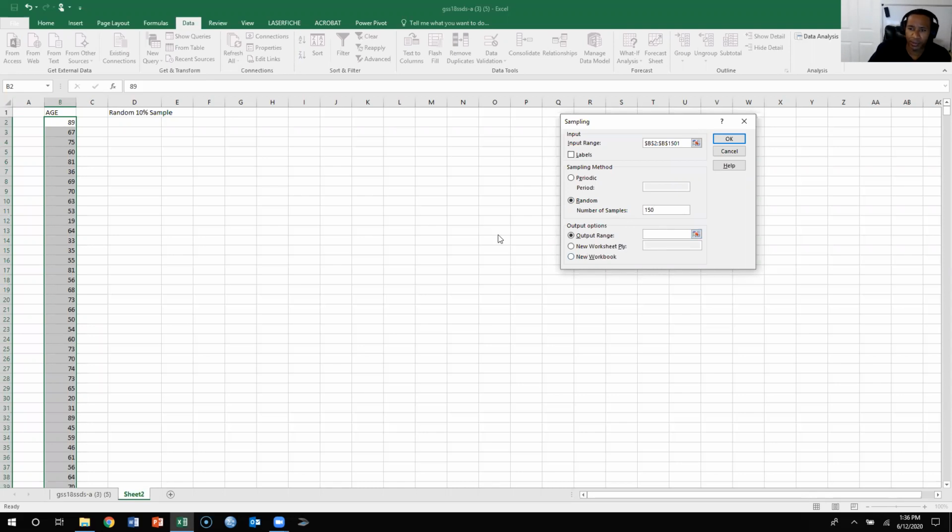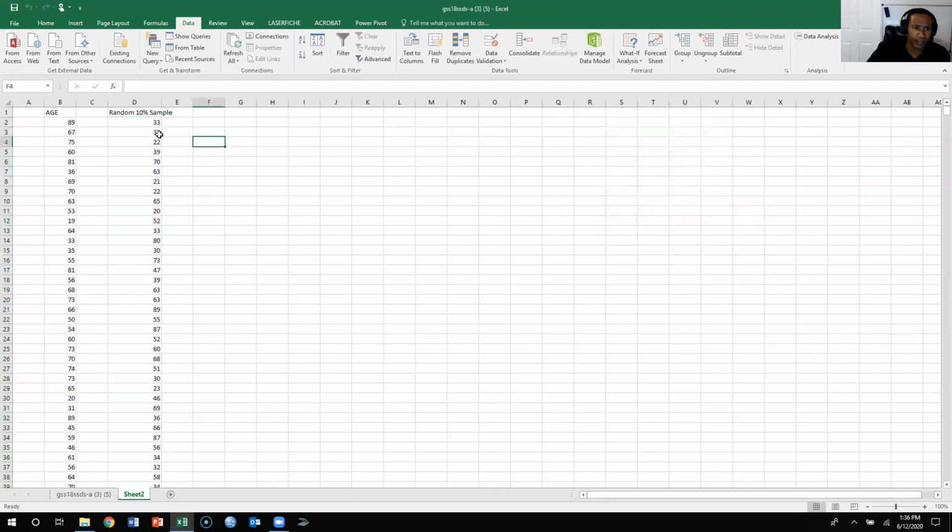The output range is just where I'm going to actually get that sample, so I'm just going to put it here, right below this random sample of 10%. And then I'm going to press OK. And then it should have sampled 150 respondents randomly. It did, because it gave me 151 minus the one which is just the label.